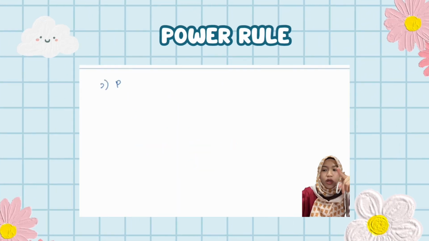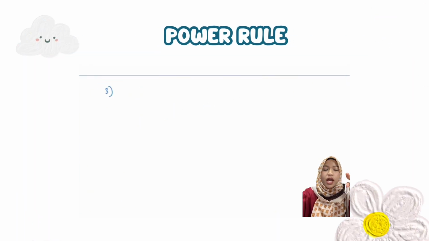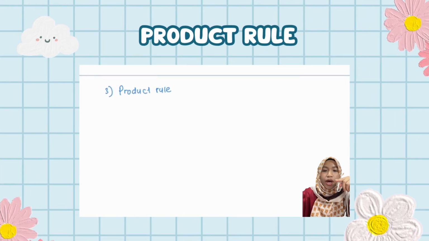Rule number 2 is the power rule. Power rule: d over dx of x to the power n equals n x to the power n minus 1. The product rule: y equals uv, and then dy over dx equals u multiplied with v prime plus v multiplied with u prime.